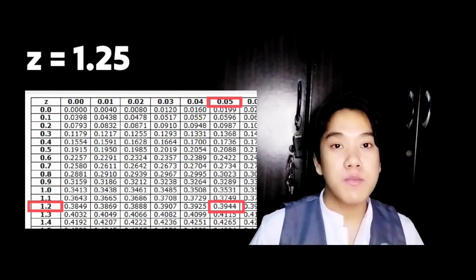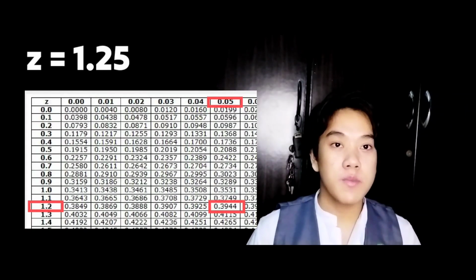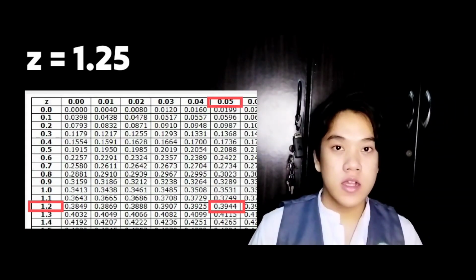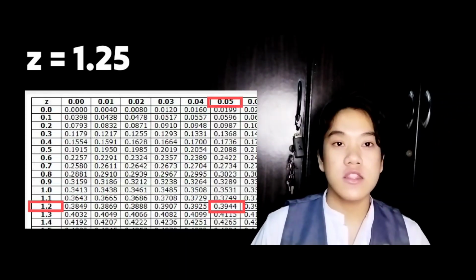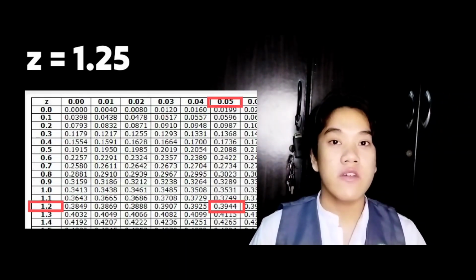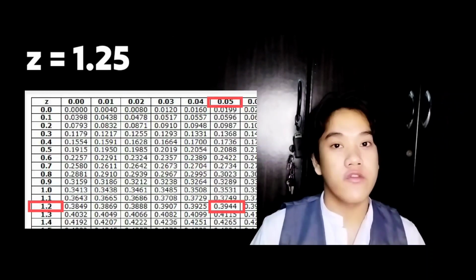We need to find the two values from the row and the column that sum up to 1.25, and looking at the table, that will be 1.2 from the row and 0.05 from the column. Together, these values intersect at the probability of 0.3944.